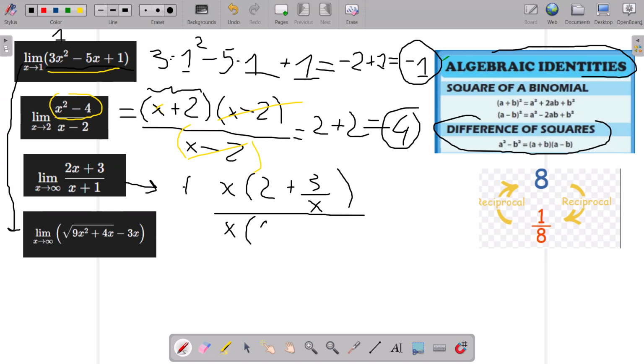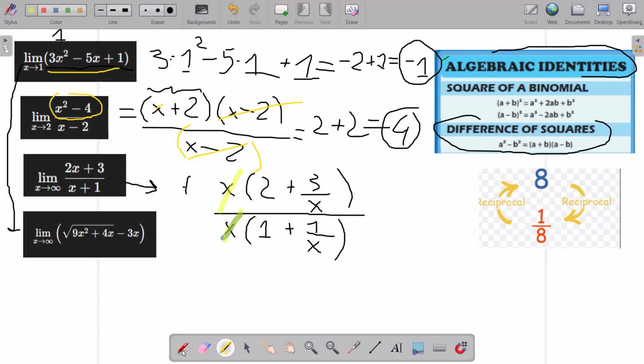Here we will write 1 plus 1 over x. Okay, so what you can observe here is that the x's will cancel out because they are factors, so they can cancel out. And we have 2 and 1 left.